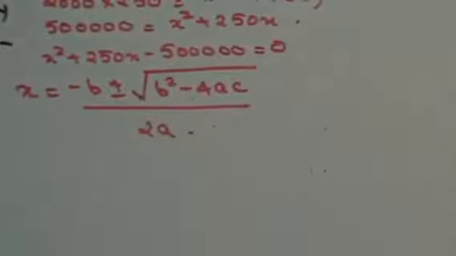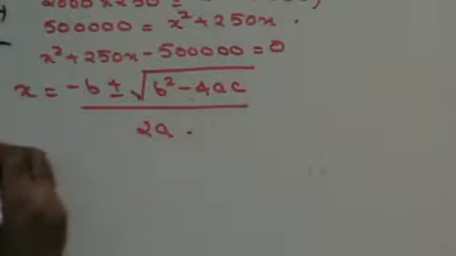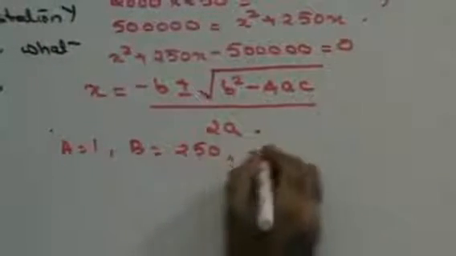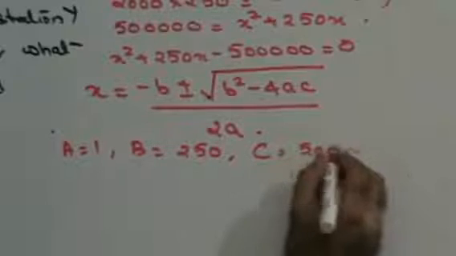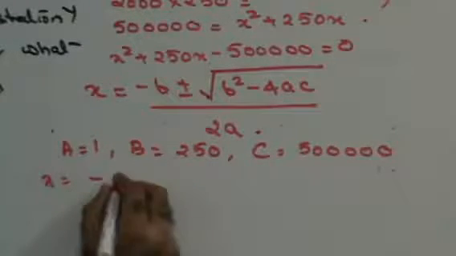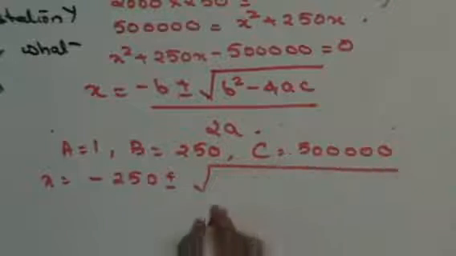When you do not get the factors, then you have to use the formula to get the answer. So where a is 1, b is 250 and c is 5 lakhs.